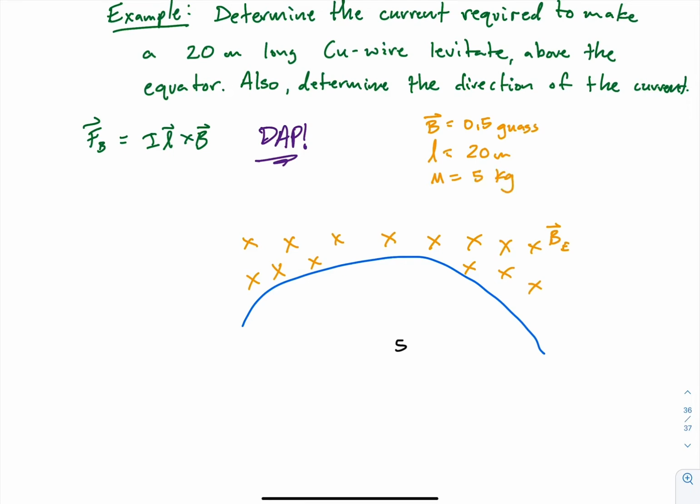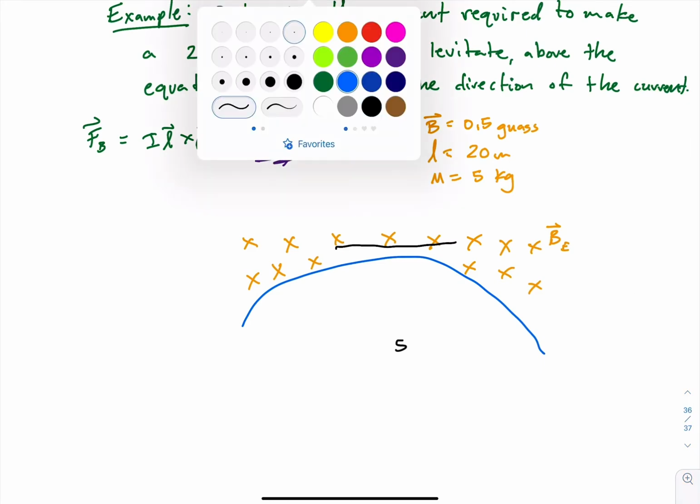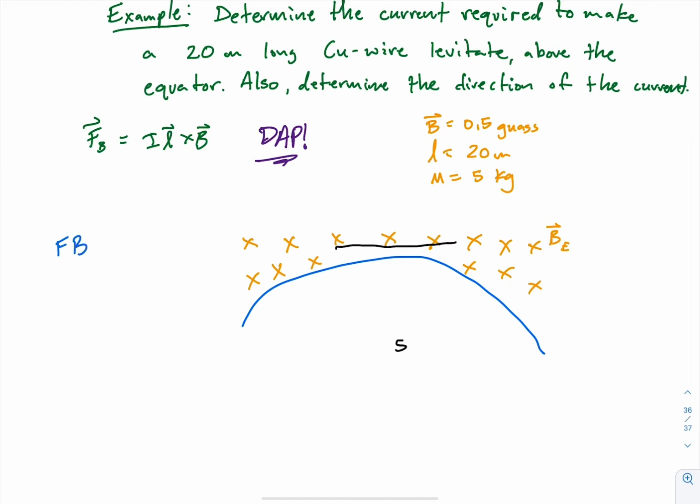Anyway, I'm also going to draw the wire in. There it is, and I have it levitating above the equator. And maybe, just to remind ourselves what's going on, we could show an FBD for the wire.